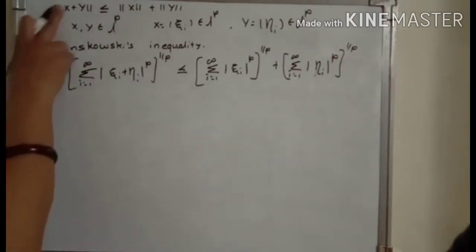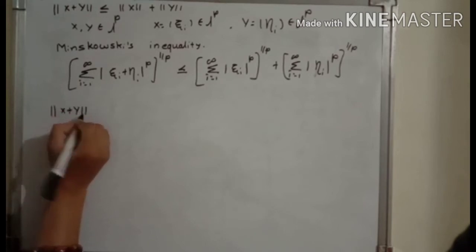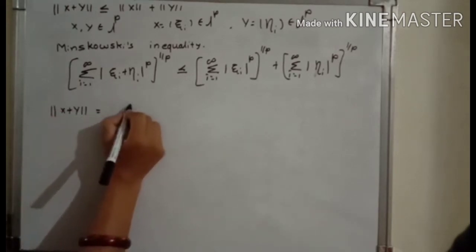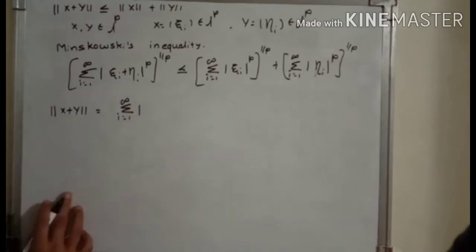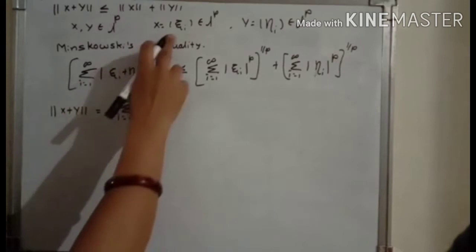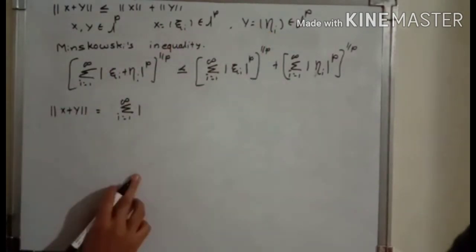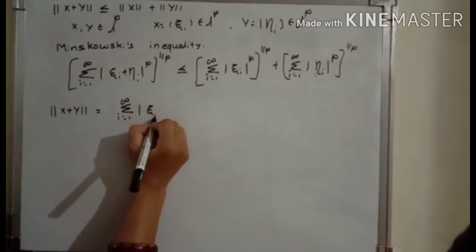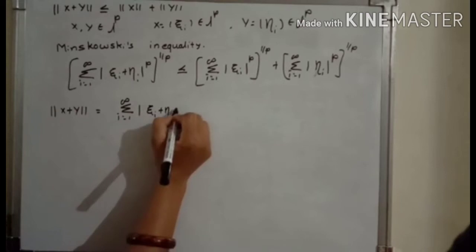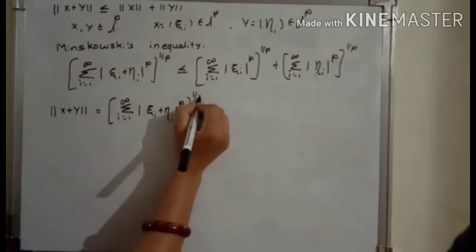Now we start with the norm of x plus y. By definition, it equals the summation for i from 1 to infinity of |, where the coordinates of x are xi_i and the coordinates of y are eta_i. Therefore, it equals the summation of |xi_i plus eta_i|^p, whole to the power 1 by p.